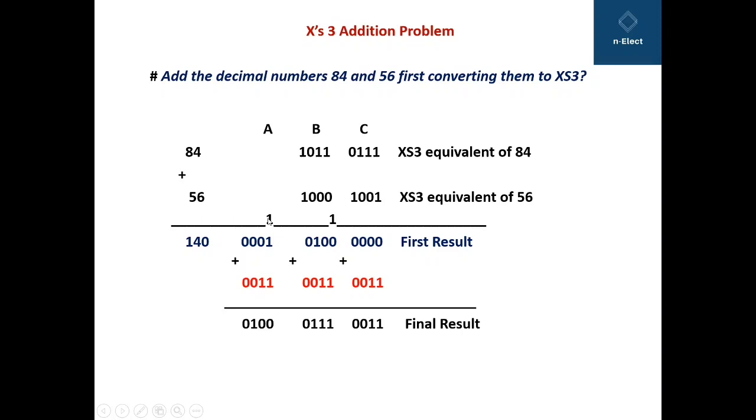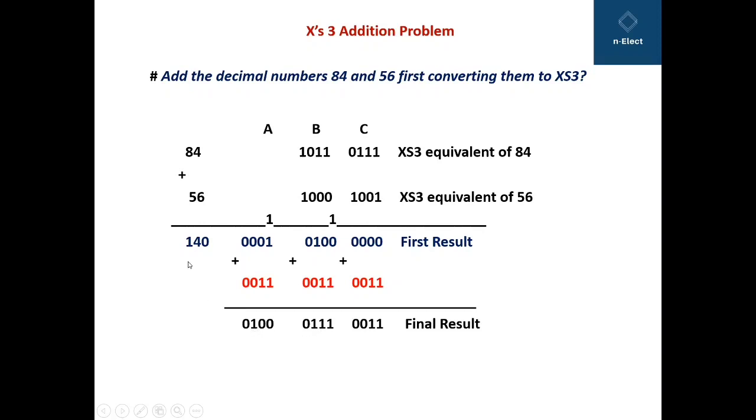But here the carry was there, no doubt, but the problem is there were no 4 bits present. So here there were no 4 bits, only the carry was there, and therefore you have to add 3 to this side. When you perform all these additions, you will get 110011 here, here you will get 0111, and here you will get 0100.